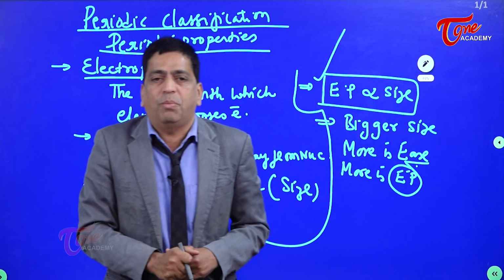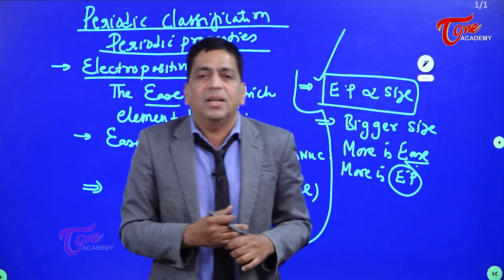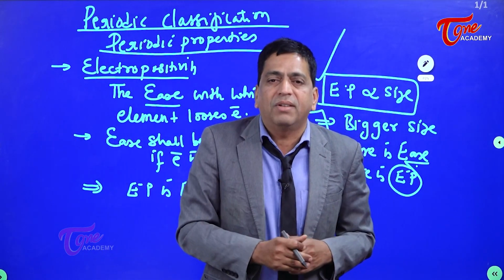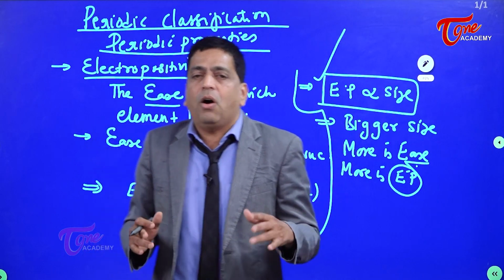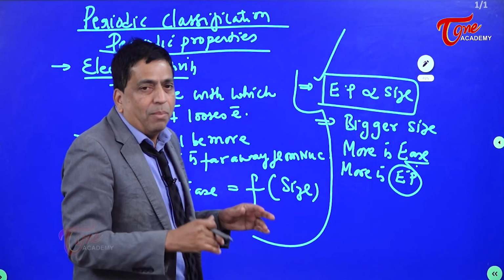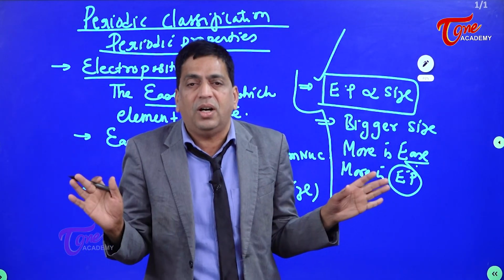That's what is called electropositivity. And let me draw your attention, as yesterday we were discussing electronegativity, which is told for nonmetals. Electropositivity is told for what? Metals. And all nonmetals are placed to the extreme right of the periodic table, and all metals are placed to the extreme left and bottom of the periodic table. You must understand this.